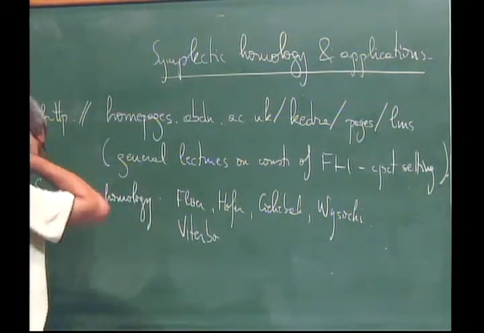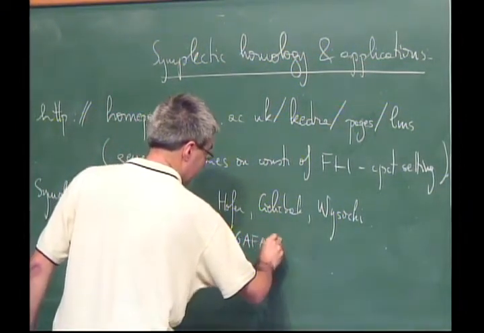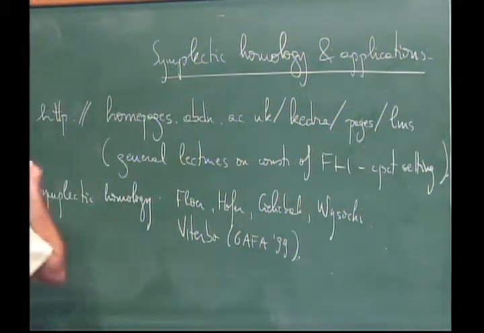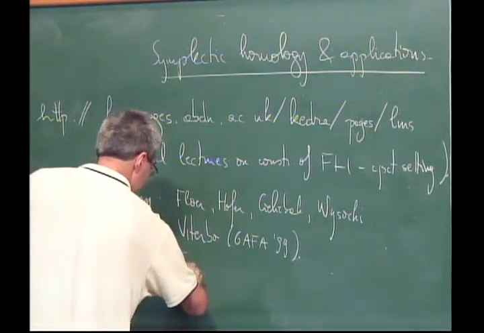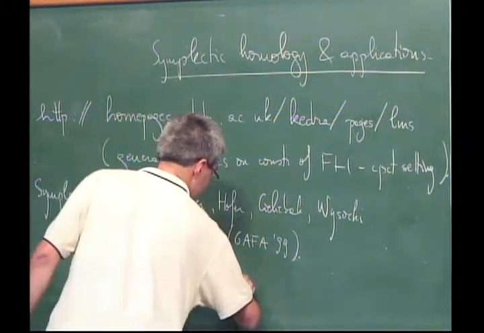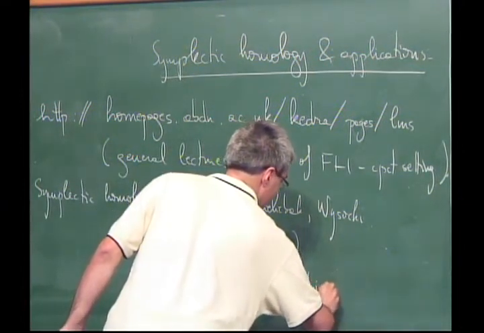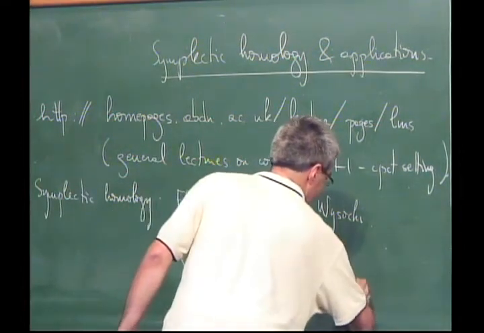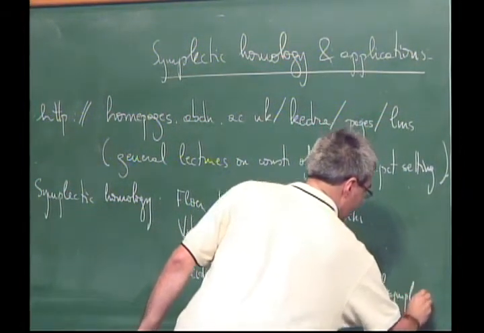Viterbo has one paper which was extremely influential in GAFA, 99. And in recent years, there's been an extremely influential survey paper by Paul Seidel, 2007, which is called A Biased View of Symplectic Cohomology.